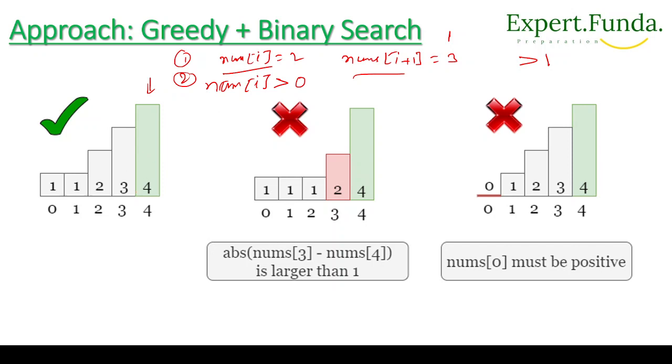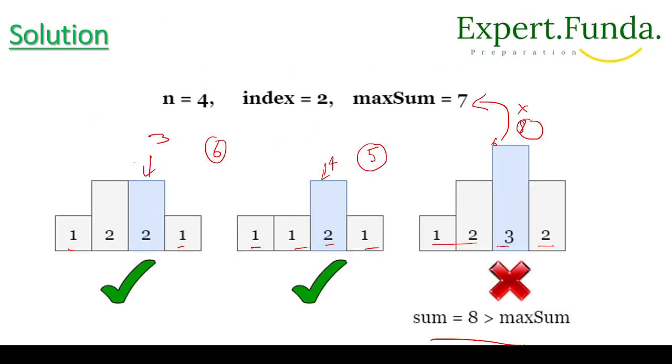So these two conditions we have to follow. The last two examples that we have seen, right, these two were working, and as you see, the difference between the adjacent numbers is 1. But in the example on the right side, if we take the difference between nums at 3 and nums at 4, that is greater than 1, right?